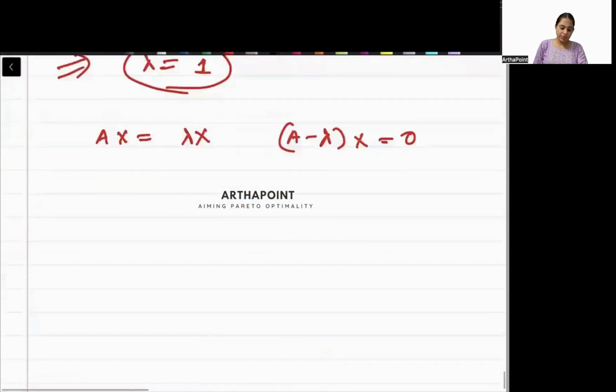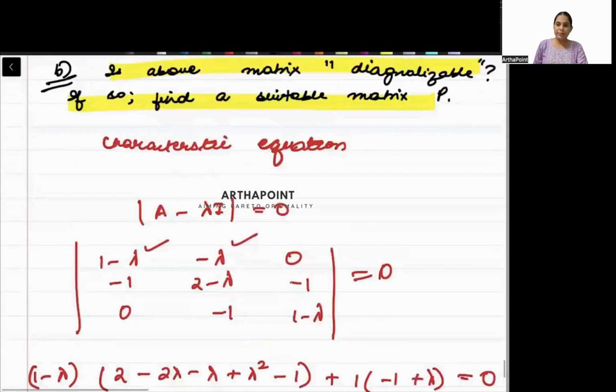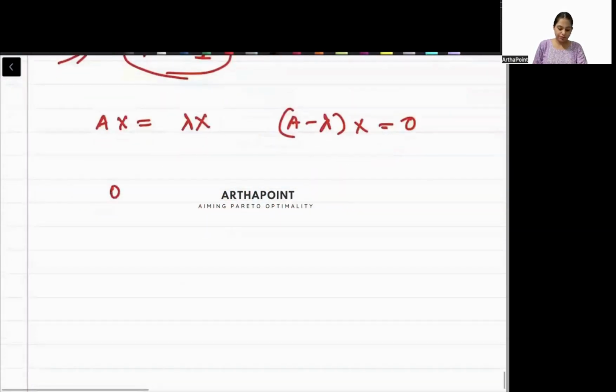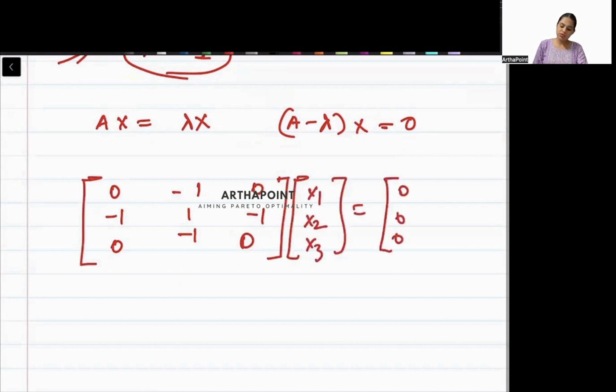So in the matrix we created, everywhere I will put lambda as 1 now. So I will get 0, minus 1, 0, minus 1, 2 minus 1 will be 1, minus 1, 0, minus 1, 1 minus 1 will be 0. And then I will put x1, x2, x3 equal to 0, 0, 0.